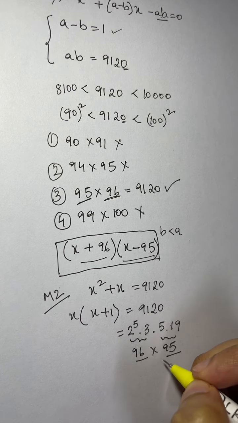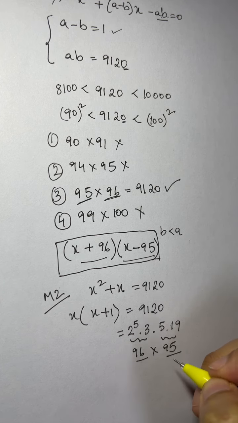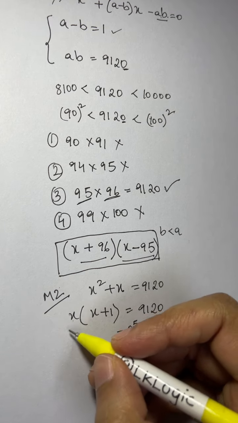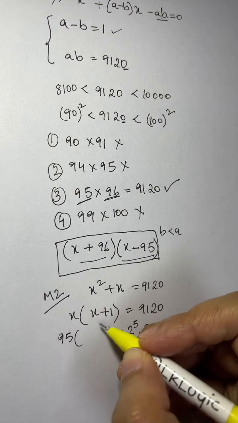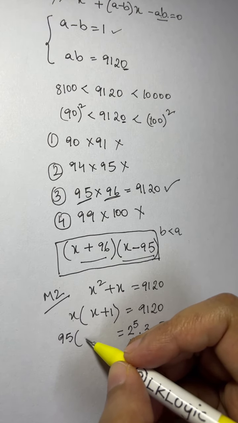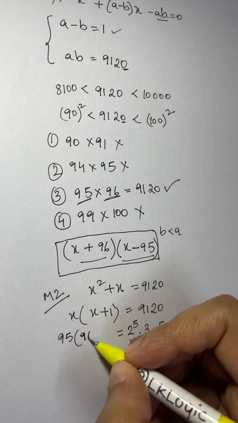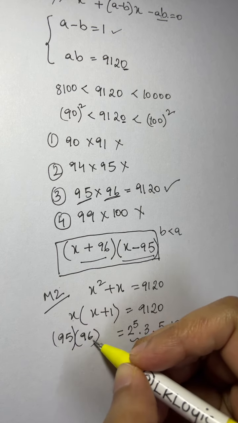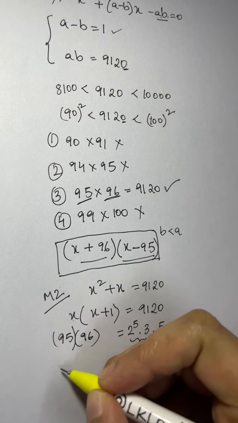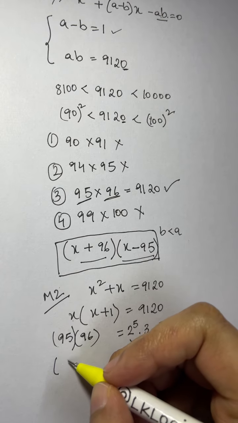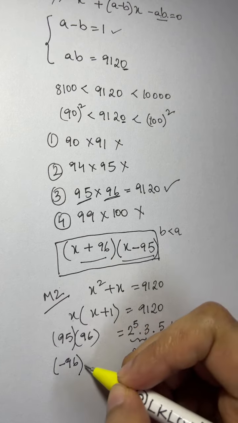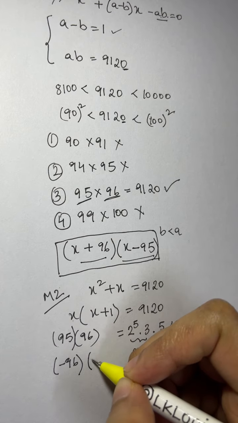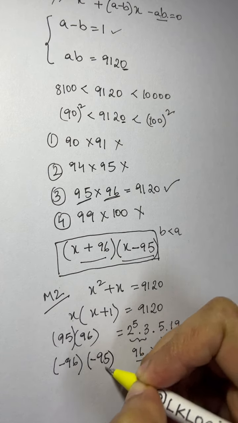Now the difference is 1 and the product is 9120 for 96 times 95. Here x belongs to integers. It can also be negative, right? Yes. Suppose x is 95, then x plus 1 is 96, so you have 95 times 96. And if x is negative 96, then negative 96 plus 1 is negative 95.